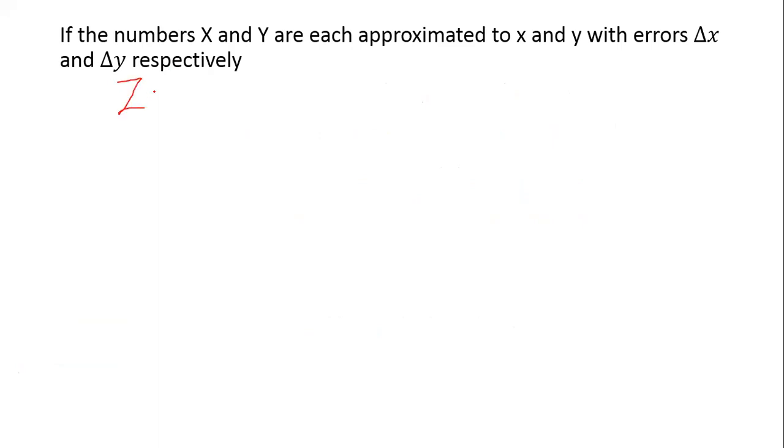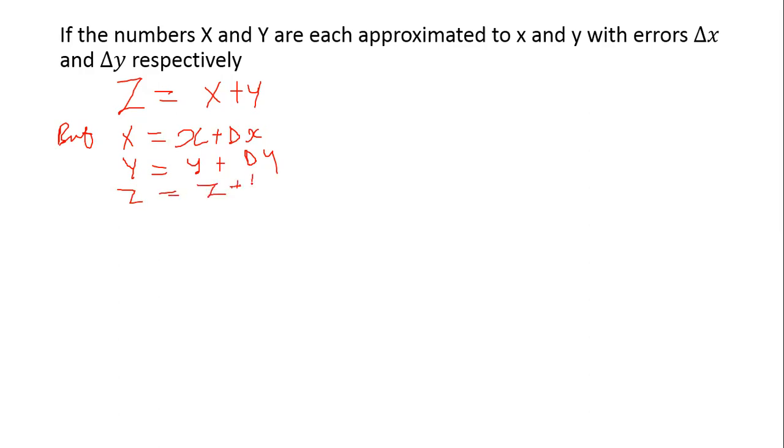So we are going to begin by letting our Z be equal to X plus Y. But remember, our capital X is equal to small x plus delta X, and then our capital Y is equal to small y plus delta Y. So meaning the capital Z is also equal to a small z plus a change in Z. So we shall say Z plus delta Z, or error in Z, is equal to X plus the error in X, then we add Y plus the error in Y. So here we are going to remove the brackets.